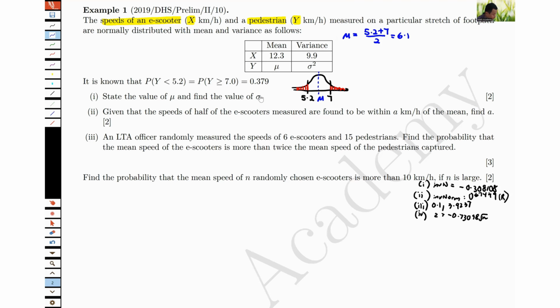Okay, second, we need to solve for the unknown sigma that appears over here. You can choose one of the probabilities. I can take, for example, the left side equal to 0.379 and start from there. So the probability Y less than 5.2 is 0.379. With sigma unknown, we can standardize, so let's change to Z. We go for 5.2 minus your mean, divided by the standard deviation.